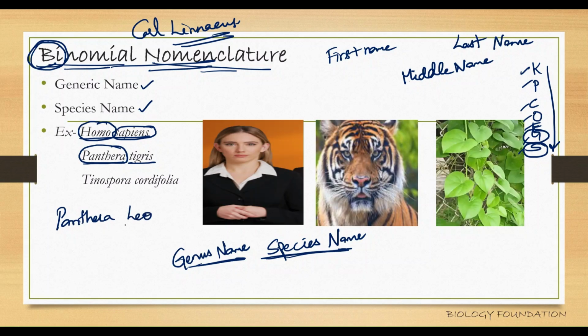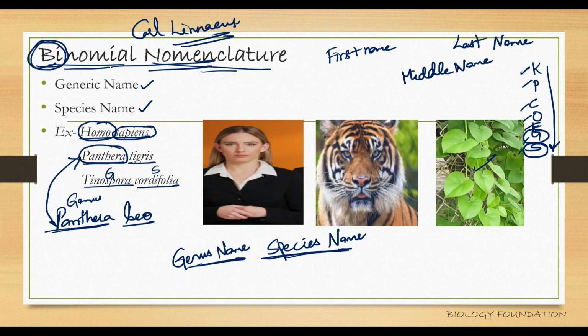Panthera leo, right? Where Panthera is the genus and leo is the species. And if you remember, I told you tiger and lion belong to the same genus. Hence, they have the same genus name, Panthera. Okay. And you have the plant Tinospora cordifolia. Okay, where this is the genus name and this is your specific epithet or species name.